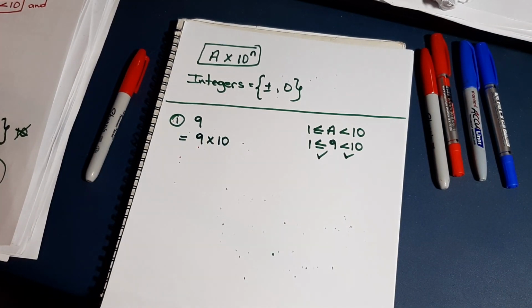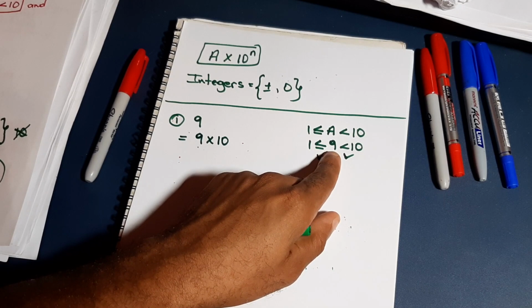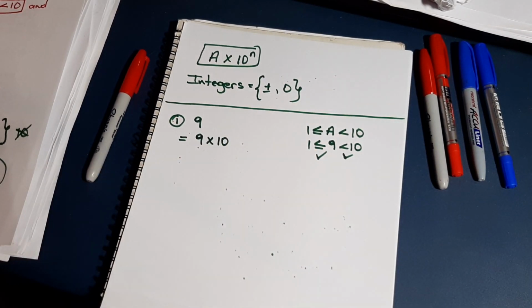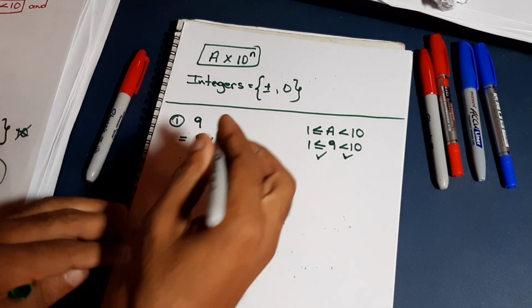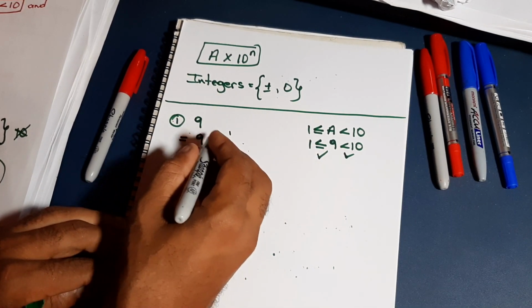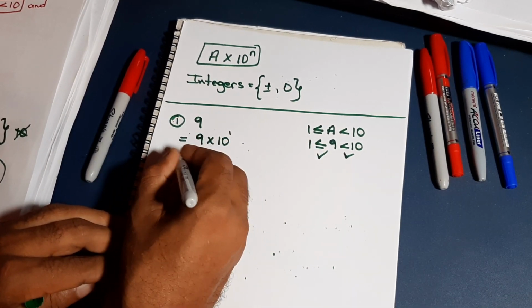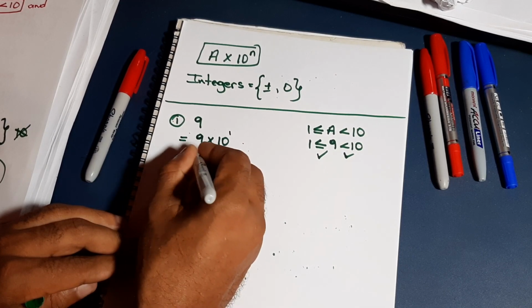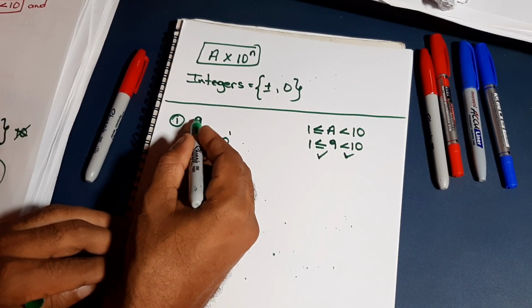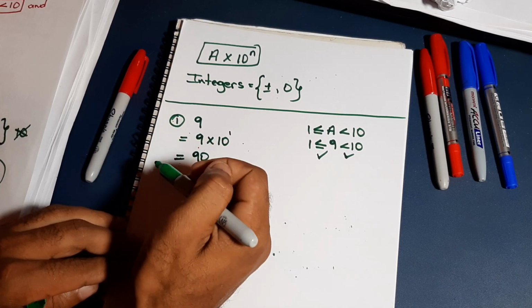As I said before, this 9 satisfies the inequality. So what value could I put at n that would make sense? We could not use 1. If we use 1, this would be saying 10 times 9. Now, 10 times 9 is 90. 90 is not the question.